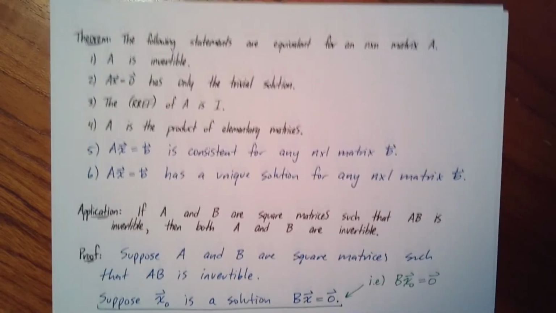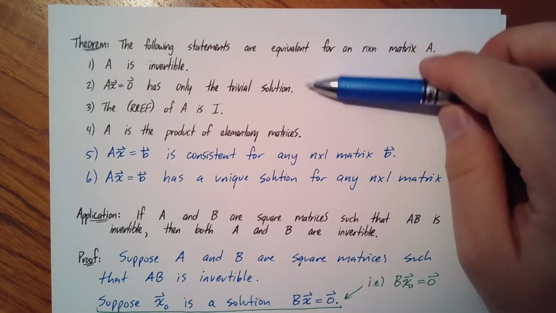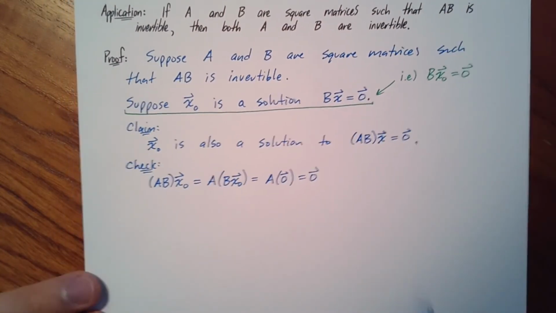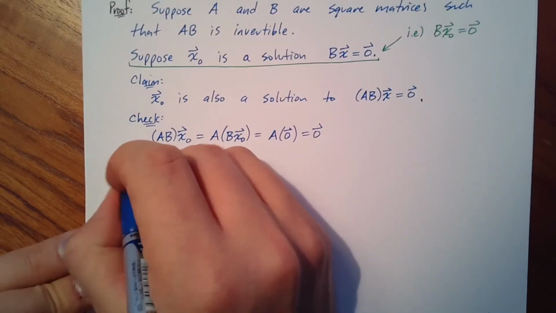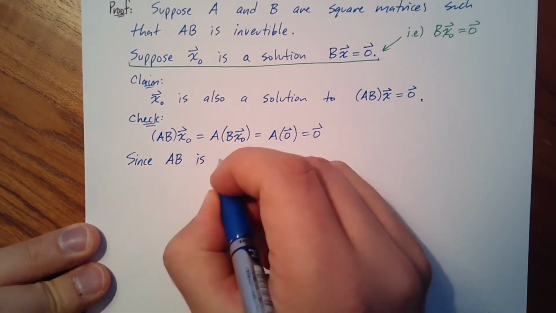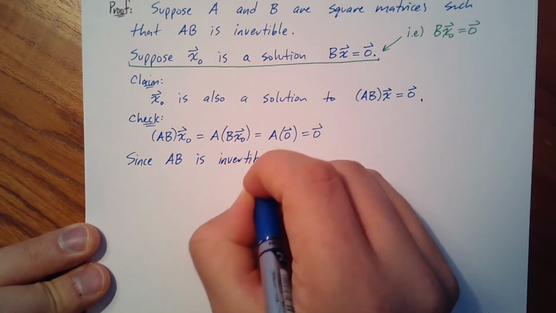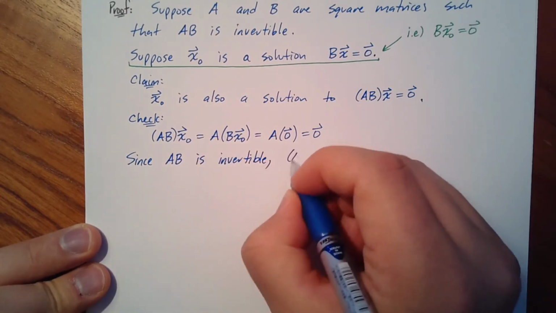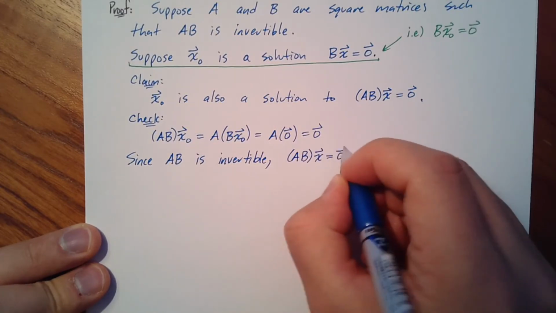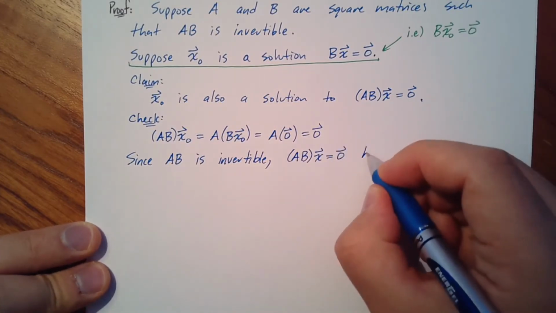Again, we're taking advantage of the equivalence of 1 and 2 here. Okay, so let's write this. Since AB is invertible, the matrix equation AB x bar equals 0 has only the trivial solution.